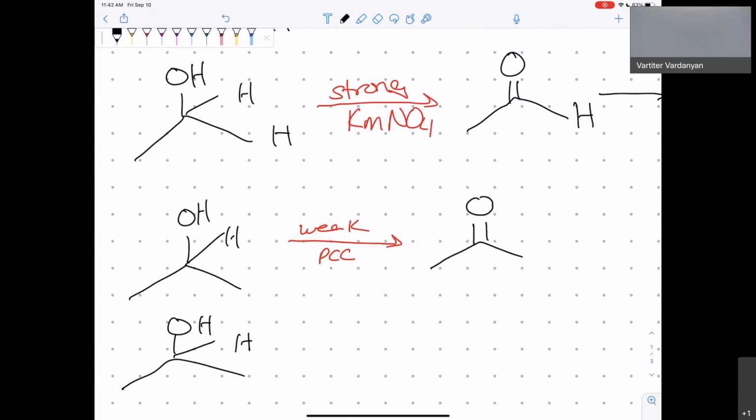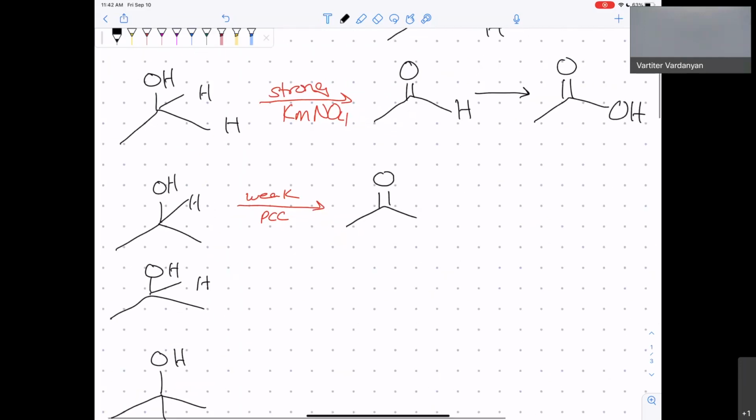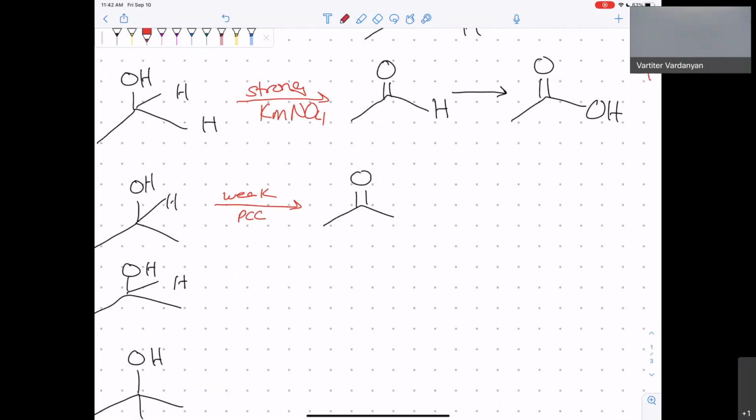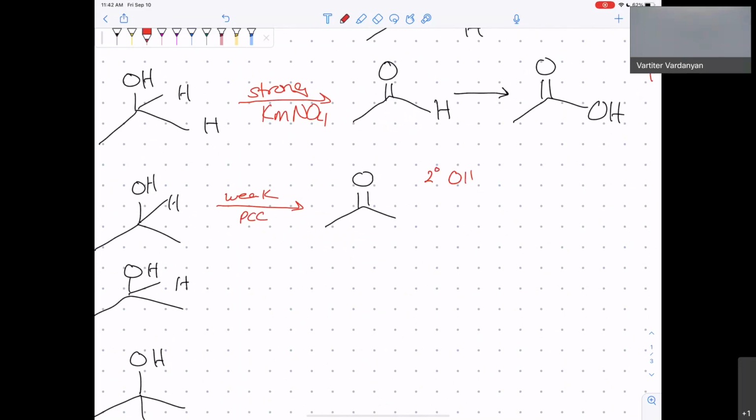Exactly. Like I said, we're taking away the hydrogen and giving it another bond to oxygen. So we only have one hydrogen to steal, and we make a ketone. In summary, secondary OH plus weak reagent equals ketone.